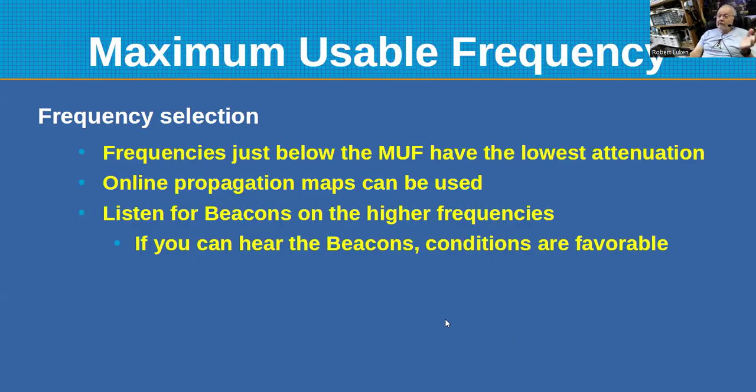You'll still have line of sight and you'll still have ground wave, but you won't have skywave. So the closer you get to the MUF, the least amount of attenuation you're going to have in your signal. So it's optimum to operate as close to the maximum frequency that you can to get the least amount of attenuation and the longest hop.